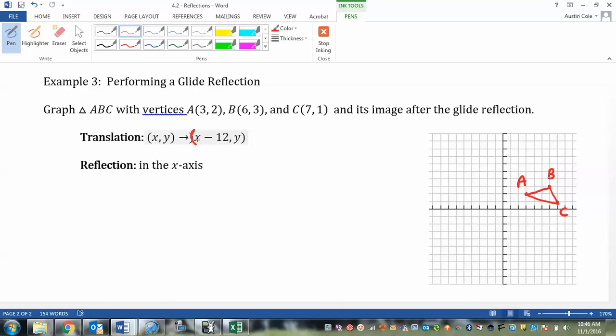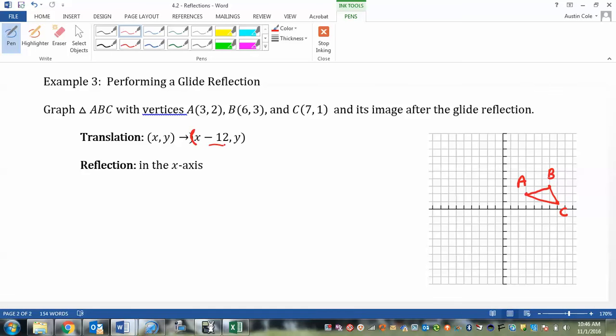Ellie, can you do that? Maybe 12. Which direction? Left, right? Because we're subtracting. So we're just going to go 12 left.